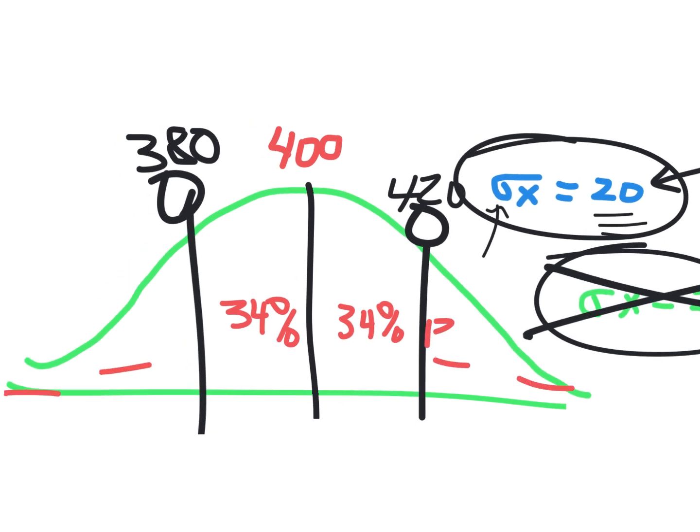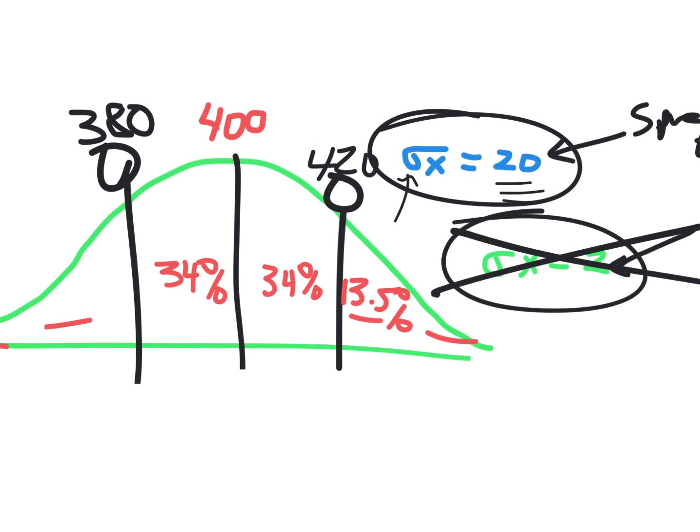Sure, I know this one's 13.5, and then there's another one and another one, but you don't need to know that. What percent of the snakes were 400 or larger? What percent of the snakes were 400 grams or larger?